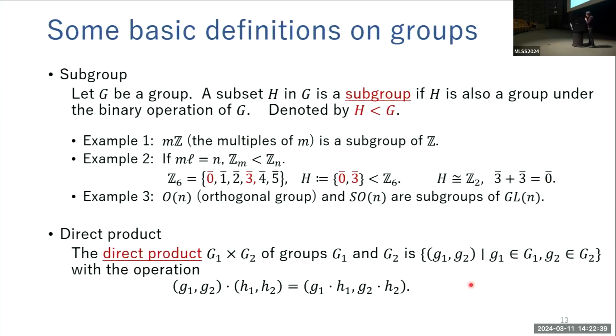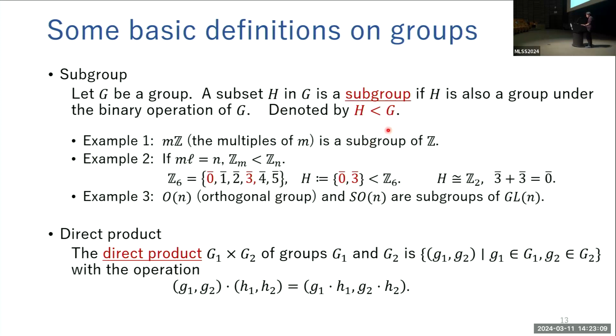Okay, I will continue with a little more basic definition on groups. The first one is subgroup. This is very simple. If we have a group, and if a subset again makes a group, then we call it a subgroup. The operation is closed under this subset H. In that case, it makes a group and is called a subgroup.